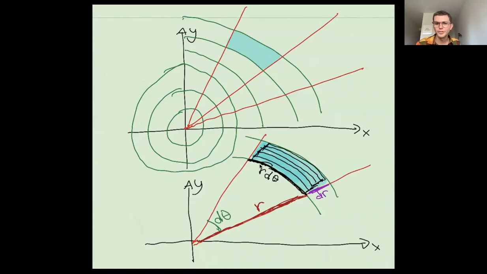You move this black arc along towards the other arc, and it doesn't quite fill out the entire blue region. There's some leftover stuff here. But what would be the area of this black stuff? You just moved this arc by an amount dr, so the area of this black thing should be just r dr d theta.